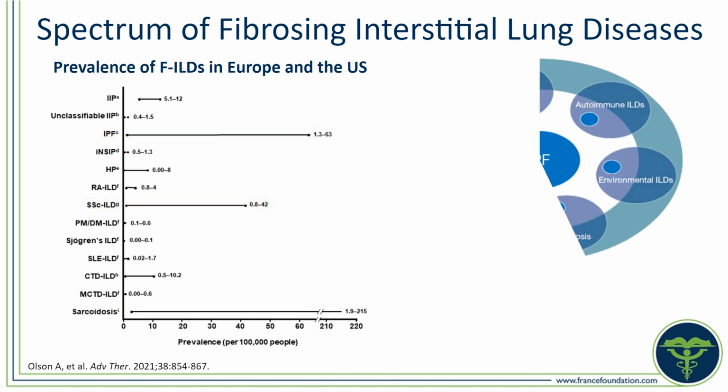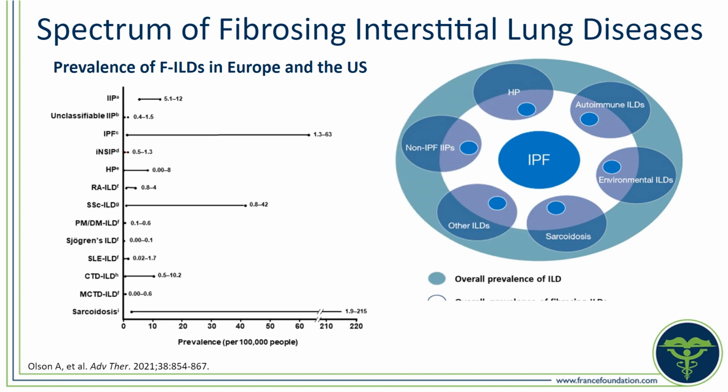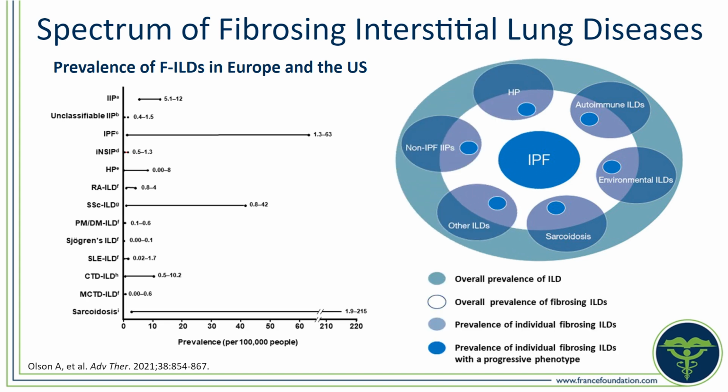The figure on the right demonstrates the overall prevalence of ILD with that green circle. And then what you can see in the blue circles is the prevalence of individual fibrosing ILDs with a progressive phenotype within these different ILDs. For this talk, we're focused again on SSc-ILD, which is an autoimmune ILD, as well as idiopathic pulmonary fibrosis.